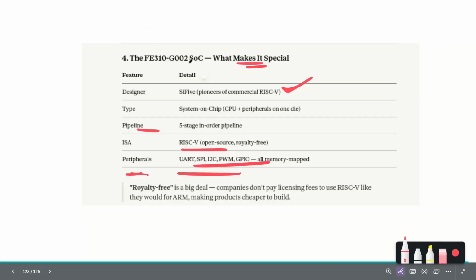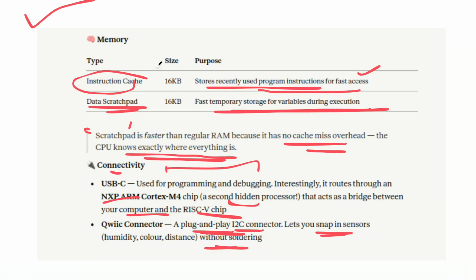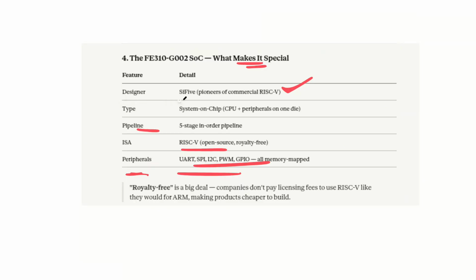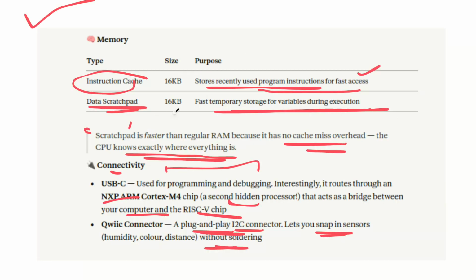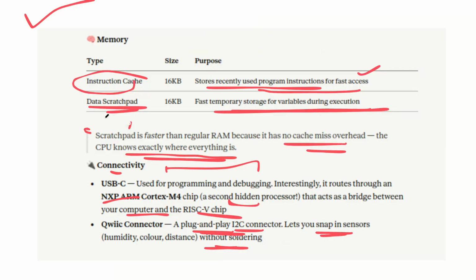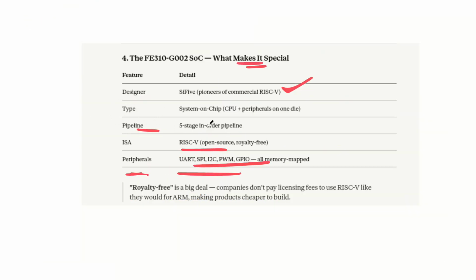So here, if you see, the FE310 SoC: the designer is SiFive, and the type is system on chip. Then we have the pipeline, 5-stage pipelining.